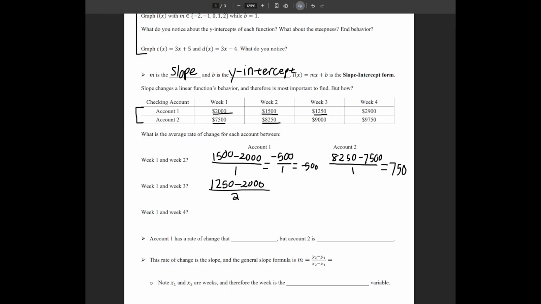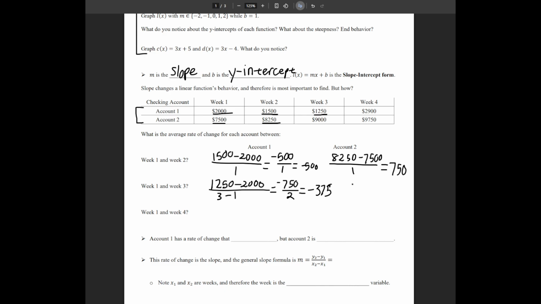Another way to look at this denominator is week 3 minus week 1, or 3 minus 1. This gives us negative 750 divided by 2. If we work this out, this turns into negative 375. Essentially what this is saying is every single week in this account, we're losing $375. That's our rate of change if we're just looking at week 1 and week 3.